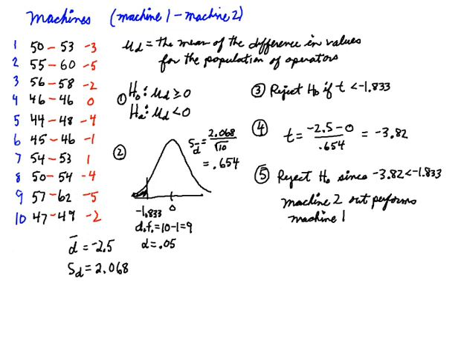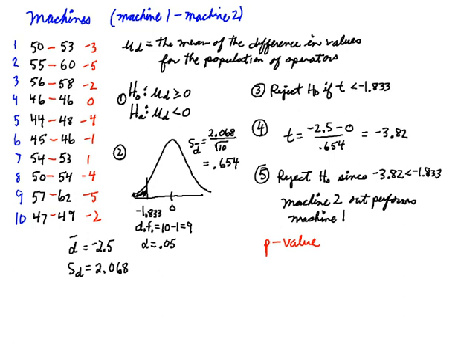Another way to make the decision in this test is to work with a p-value. I could go to the table and figure out the range of the p-value by looking at the test statistic, negative 3.82.